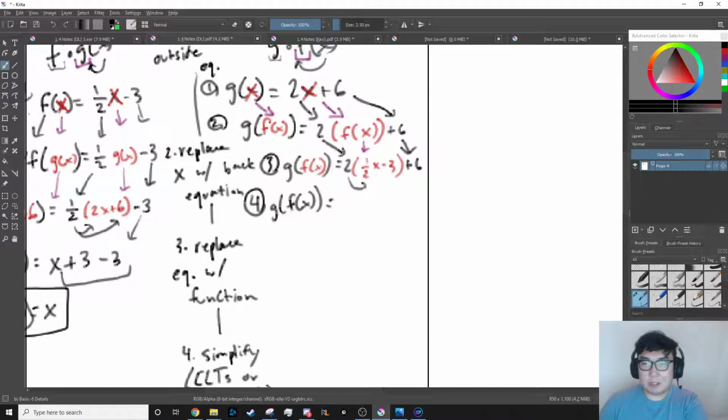So I'm going to multiply or distribute. And this is going to be x minus 6 plus 6, because the 6 comes back. This 2 times negative 3 is negative 6. Then I combine like terms by adding and subtracting, which really ends up being x is equal to g of f of x.